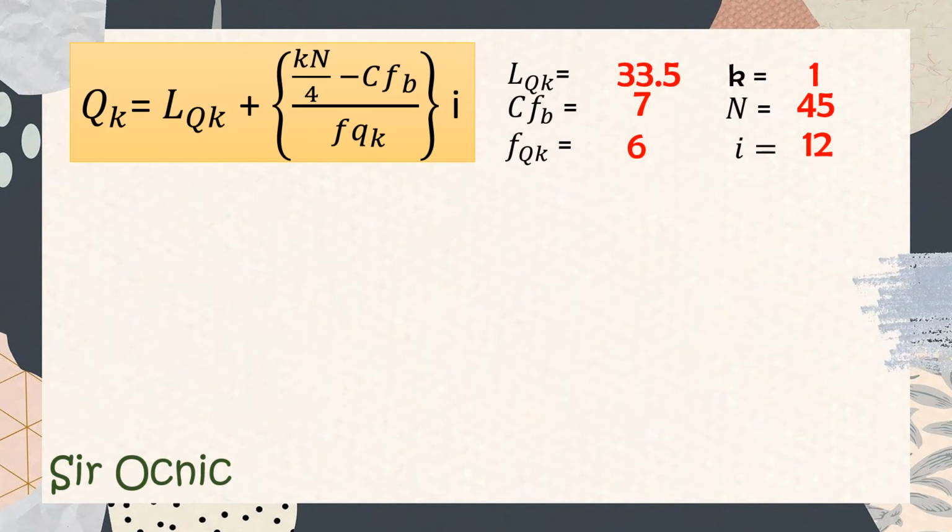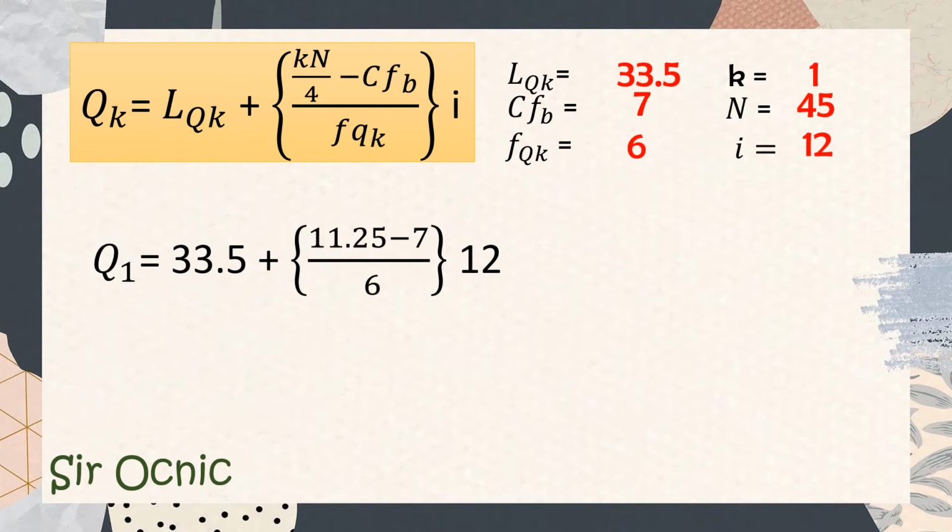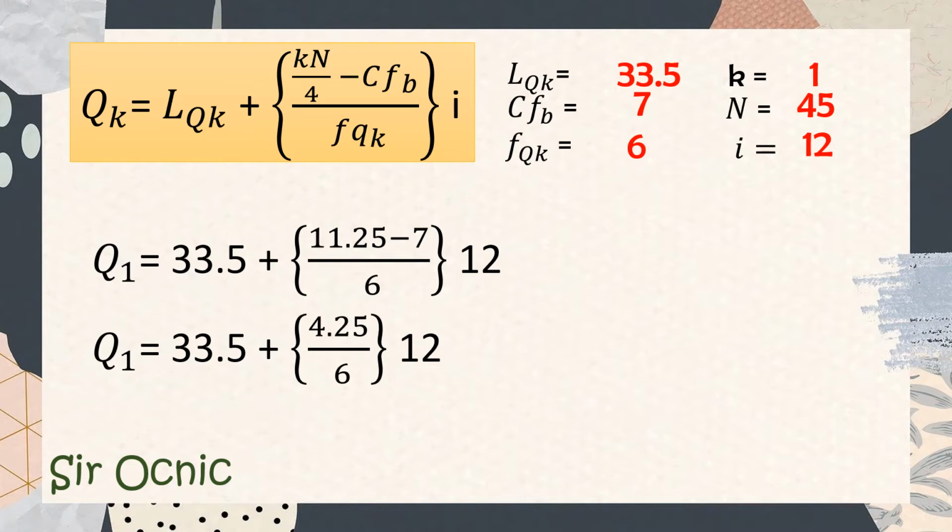Using the given values, let us now substitute in the formula. We will then have Q sub 1 is equal to 33.5 plus the quantity 11.25, which is kn over 4, minus 7 all over 6 times 12. Simplifying the numerator, we will then have 33.5 plus 4.25 all over 6 times 12.